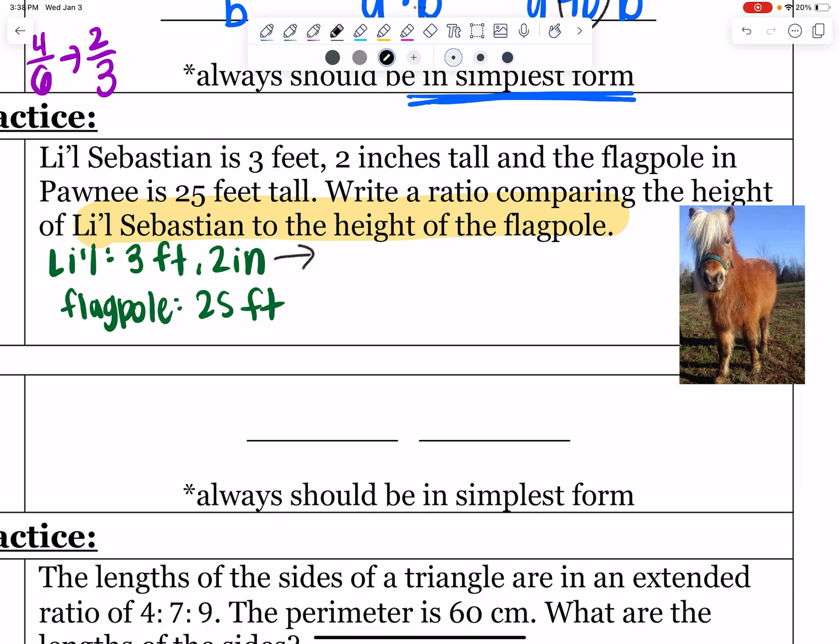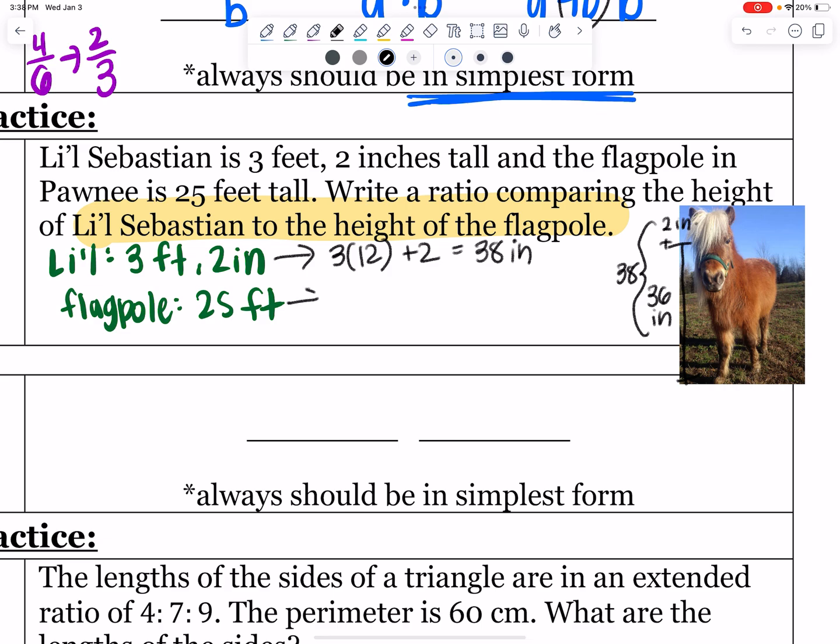To convert his height to inches, I need to do 3 times 12. But don't chop off his ears. Yes, 3 times 12 gives me 36 inches for Lil Sebastian, but he had 2 inches of ears up here. So total, he's going to be 36 plus 2, which is 38. So Lil Sebastian is 38 inches tall.